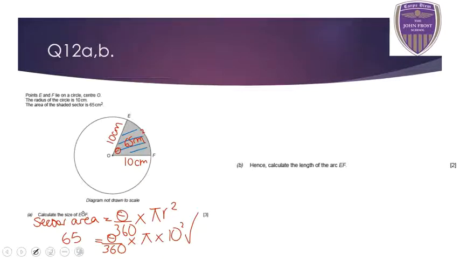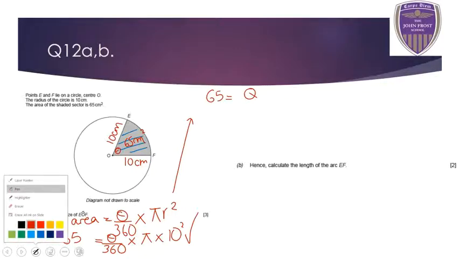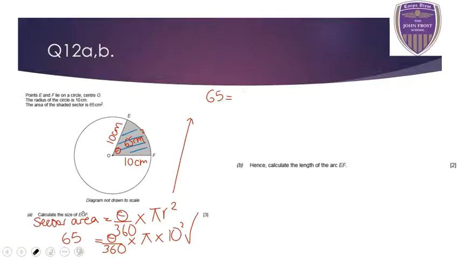But we can tidy that up a little bit, okay? So I'm just going to do the rest of it up here. I've got 65 on the left-hand side. I've got theta over 360 times 100 pi.